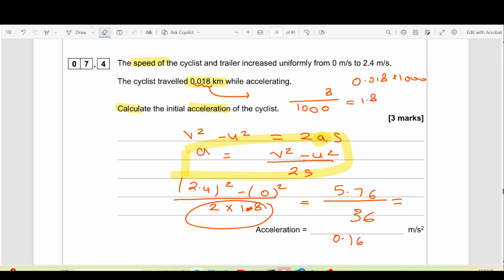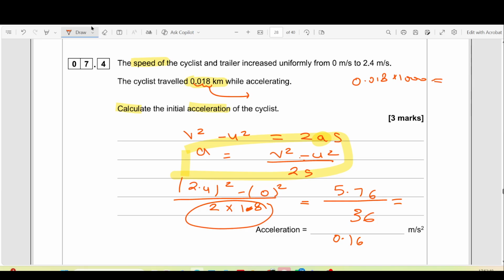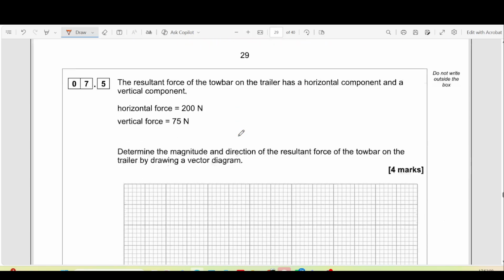So final velocity is 2.4 squared minus 0 squared, divided by 2 times the distance, which is 18 meters. 2.4 squared minus 0 squared divided by 2 times 18 is equal to 0.16. Yes, that's correct, 0.16 meters per second squared.